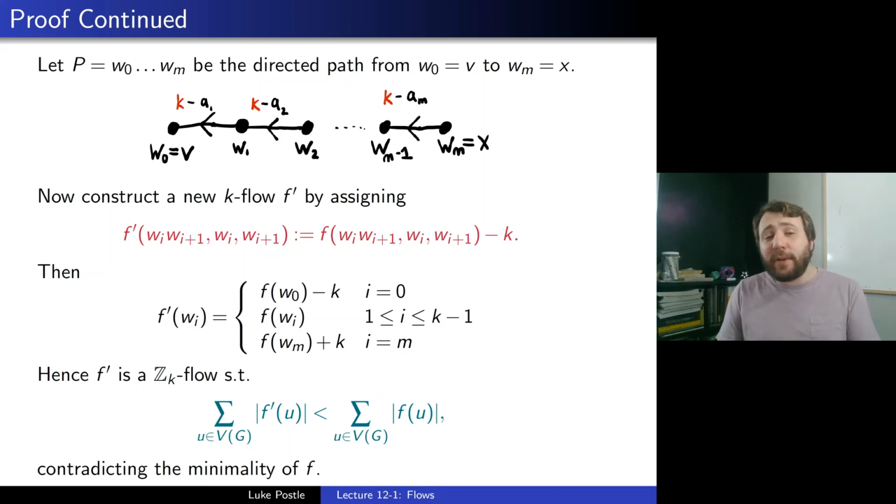Because the key was that W0 was positive, and we've decreased it by K. And of course, I should say, it's at least K, because it has to be a multiple of K. So it was some multiple of K, and I decreased it by at least one multiple of K. And X, which was negative, increases. So I'm balancing out the flow. Basically, if there was a source, I can find a sink, and I can direct flow back along that to counterbalance the negative with the positive. I keep doing that enough times, and then eventually I just have to get 0 everywhere.